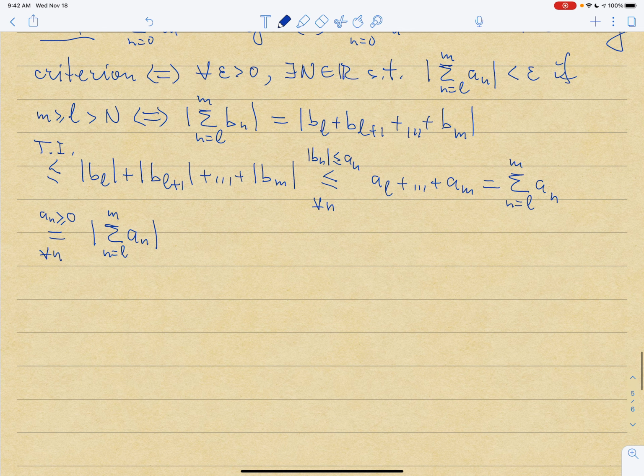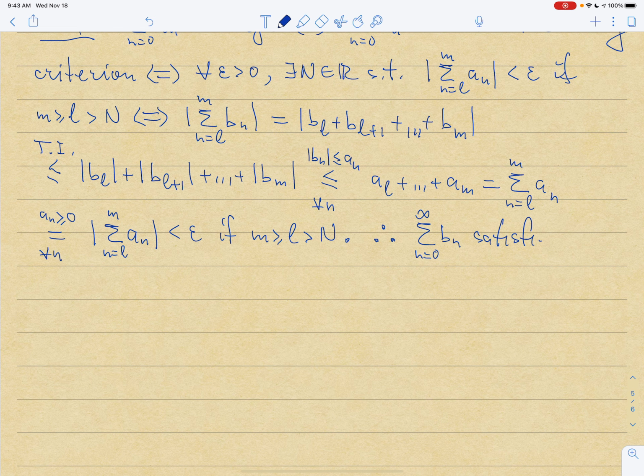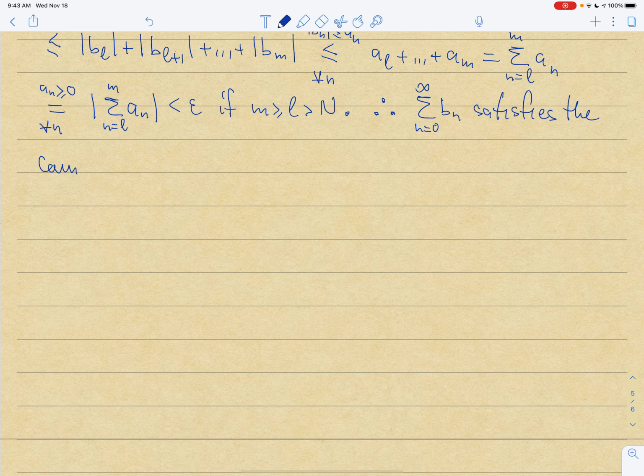So this then is less than epsilon if M is greater or equal than L, bigger than capital N. And so the conclusion from this is that the series of bn's satisfies the Cauchy criterion, and that is enough to conclude that the series of bn's converges.